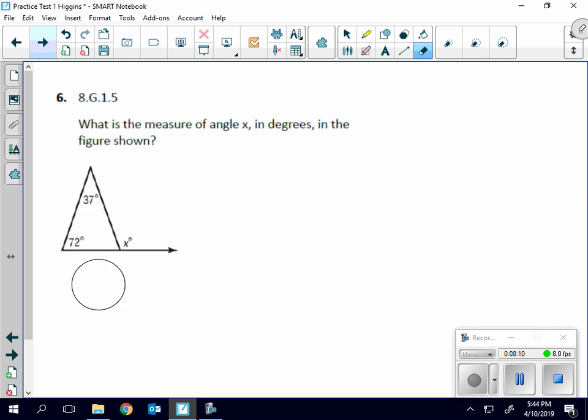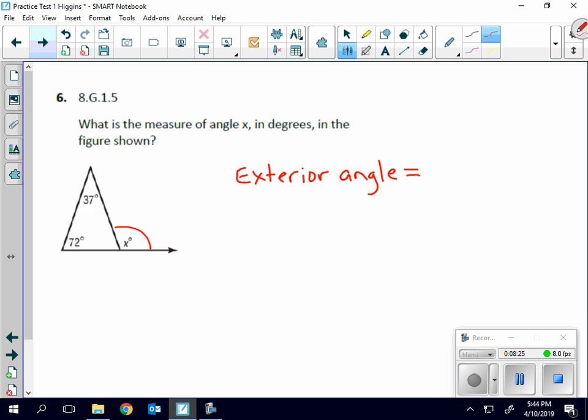But hopefully most of you at this point know the shortcut, which is that an exterior angle, let's write that down, exterior angle equals the sum of the 2 remote interior angles.